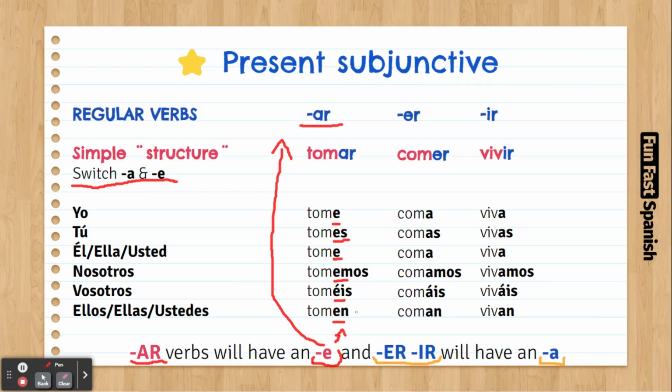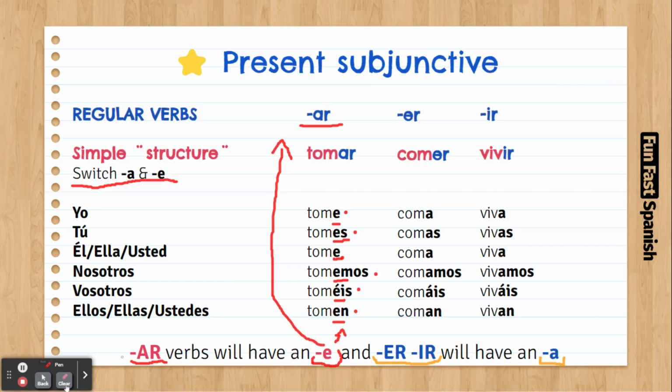So the verb caminar is an AR verb. In subjunctive it will be yo camine, tú camines, él camine, nosotros caminemos, vosotros caminéis, ellos caminen. That will be it. So we put an E everywhere.